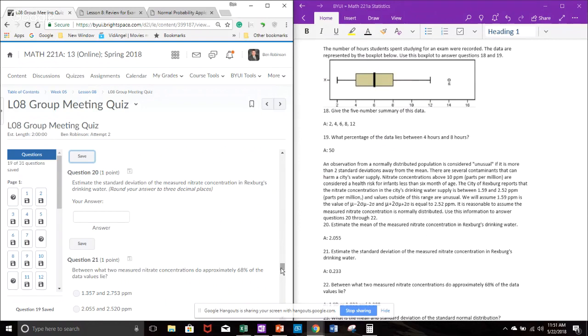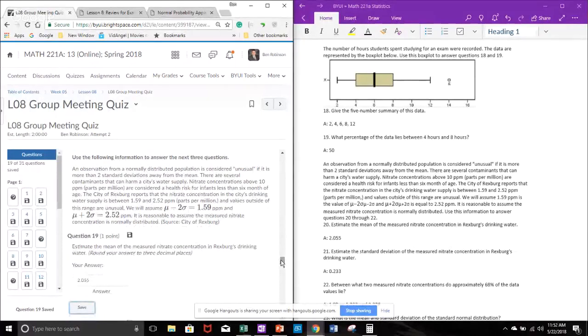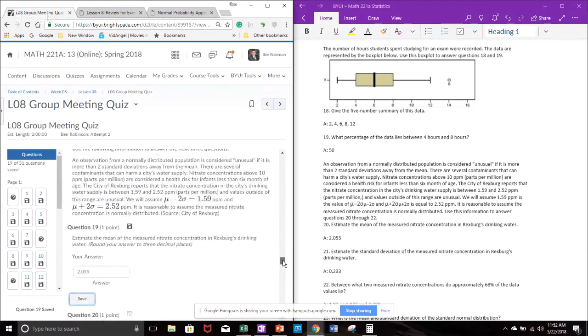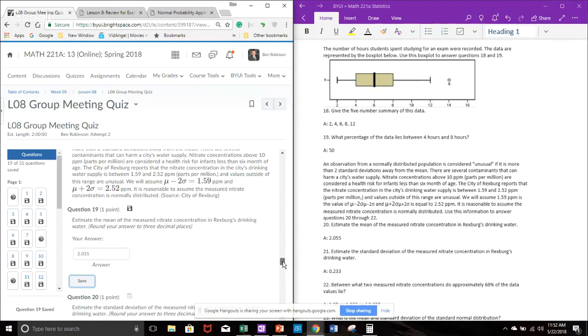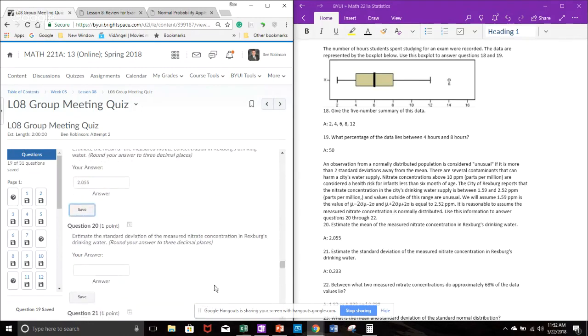So what I did, let me check, I divided the difference between 1.59 and 2.52 by four, because it's four standard deviations, and then I got 0.233.